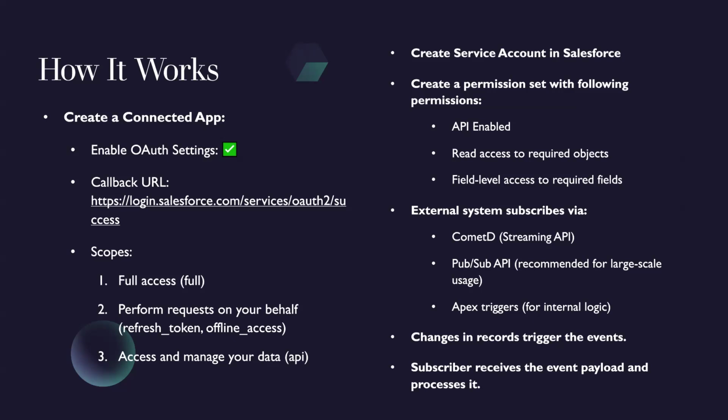If you want to perform some logic internally, you can write Apex triggers or create flows, which we covered earlier. Whatever changes you make on your record in Salesforce, for example, when I make changes on a contact record, it triggers the events, and the subscriber receives the event payload and can process it.